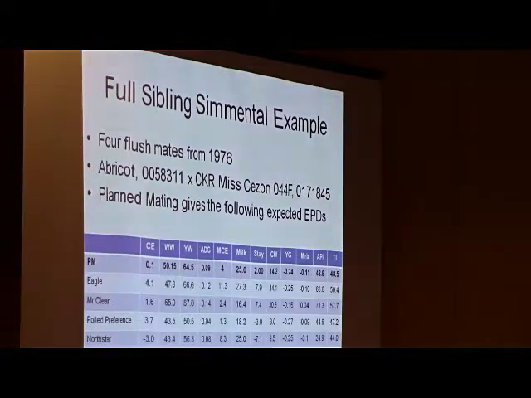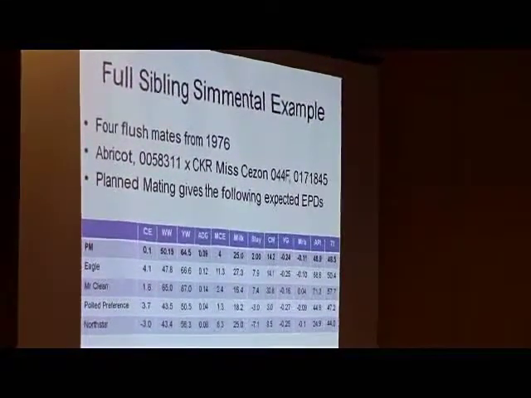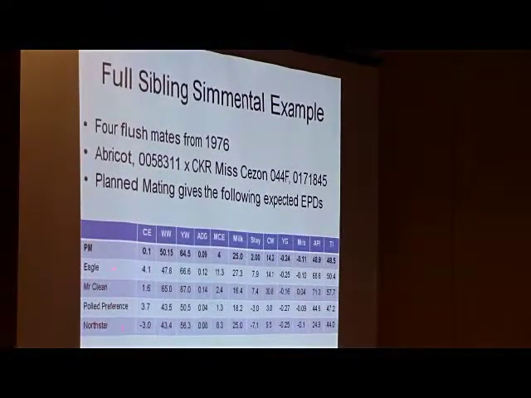But the point of this is, once we get information on those animals, these are all high accuracy bulls. And what you see is that they move quite a bit from the average of their parental EPDs. We don't know which ones are going to move in which direction, but after time and lots of data, we can figure out where they're going to land.